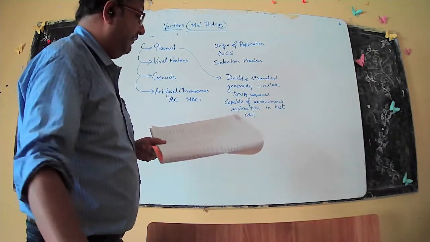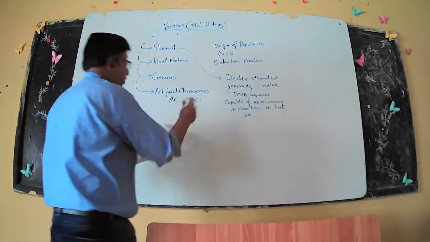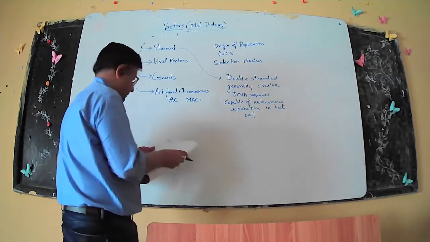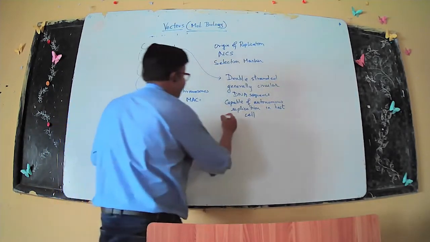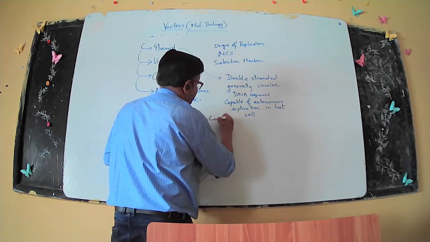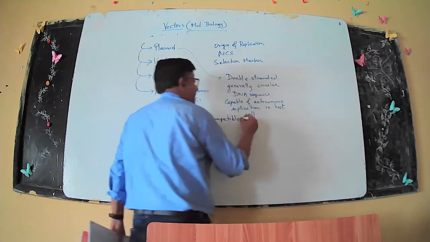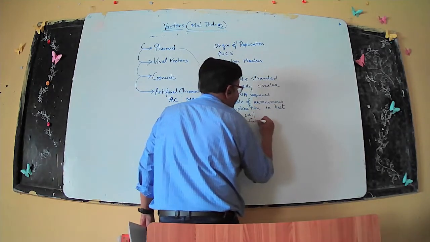It has some capabilities. Autonomous replication, one of them. They must have compatible and common restriction enzyme sites.